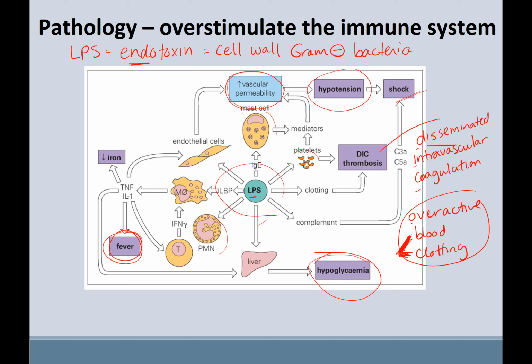And then you can get bleeding, uncontrolled bleeding, because your clotting factors are all being used up in this overactive immune response. So DIC is something very common in more severe infections.